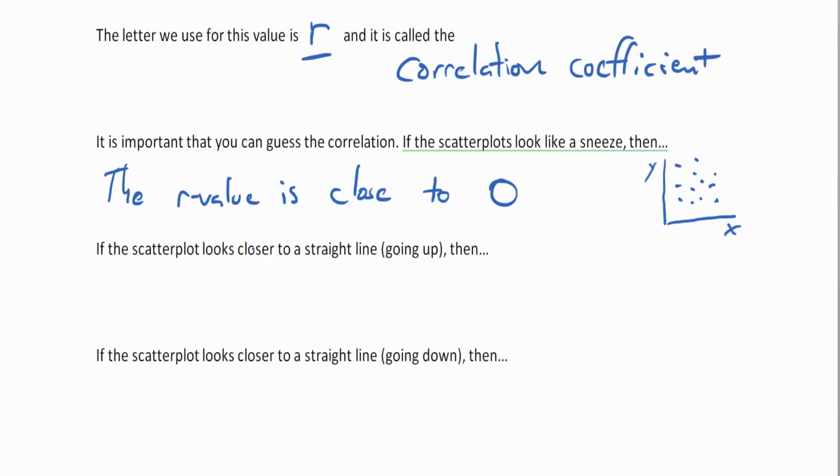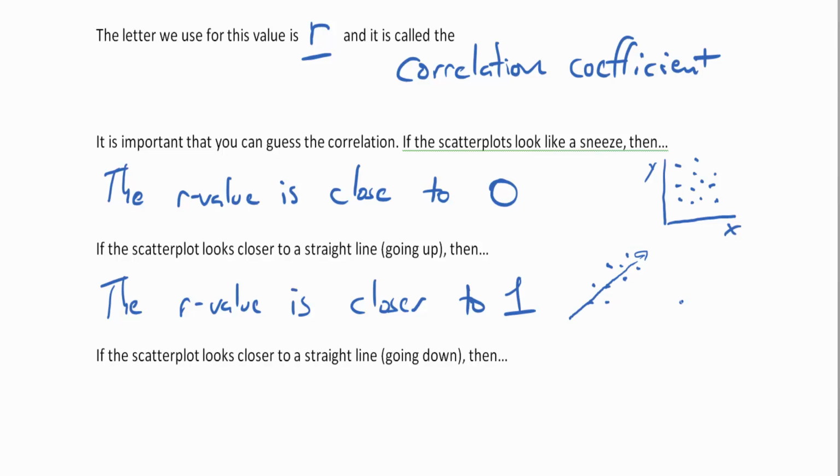If the scatter plot looks closer to a straight line going up, then the R value is closer to 1. So, for example, if you have dots that kind of fall in a pattern that goes from low to high, this would be closer to 1, but if you have dots that are very straight, this line is much closer to 1 than this.